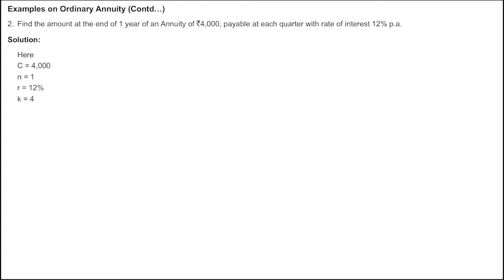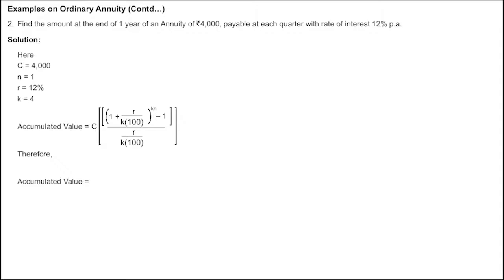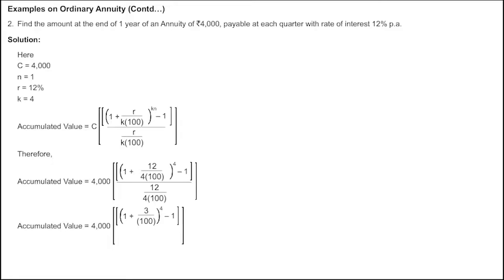Using the same formula for accumulated value and putting all the relevant values of C, n, R and K, we get A is equal to 4,000 into [(1 + 12/(4×100))^4 − 1] upon 12/(4×100), which further gets simplified as 4,000 into [(1 + 3/100)^4 − 1] divided by 3/100.